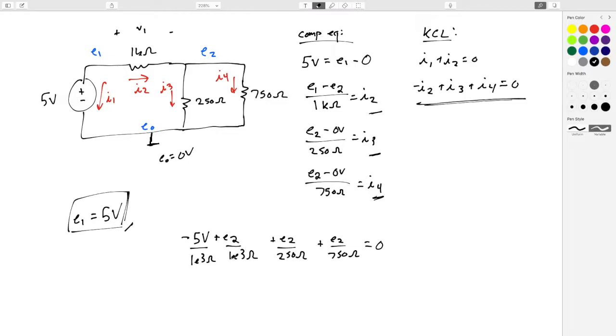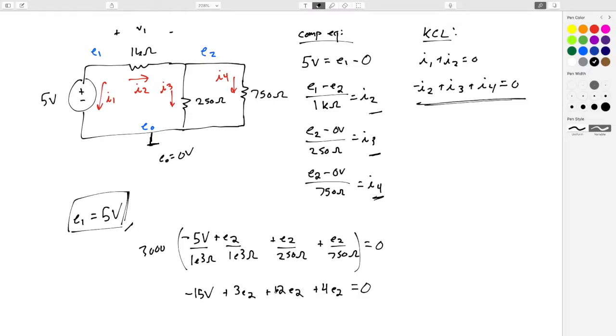All right, now let's multiply the whole thing by 3,000. What that's going to do is give us negative 15 volts, plus 3 E2, plus 12 E2, plus 4 E2 equals 0.